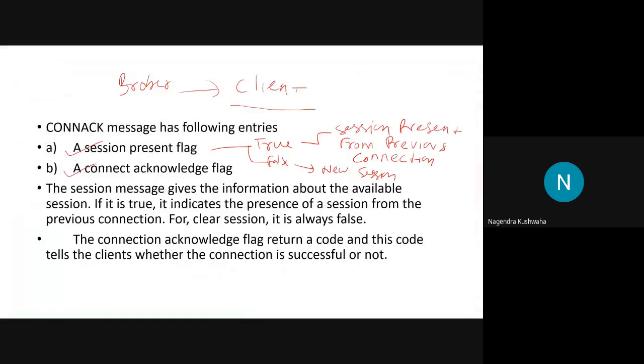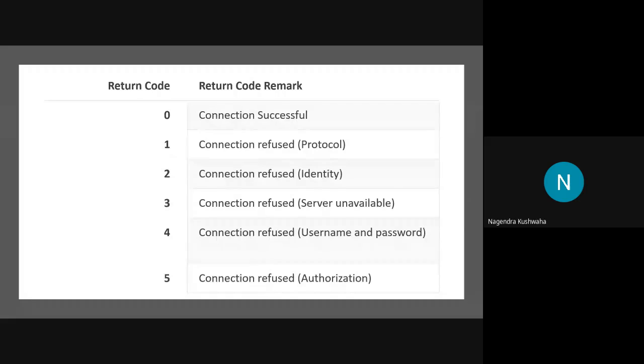Next is the connection acknowledgement flag, and it tells us whether this connection is successful or not. So we'll see what the connection acknowledgement flag returns. If it returns zero, that means the connection is successful.